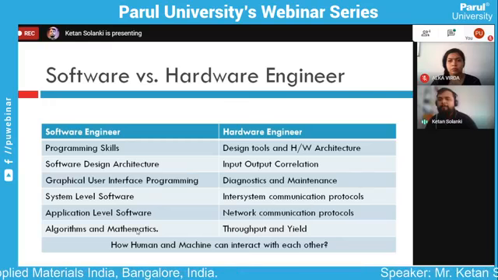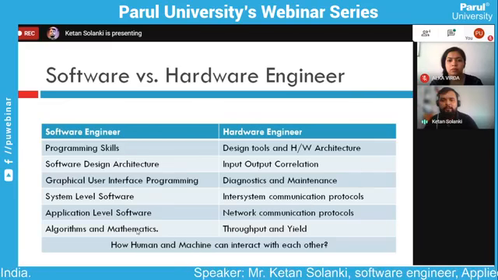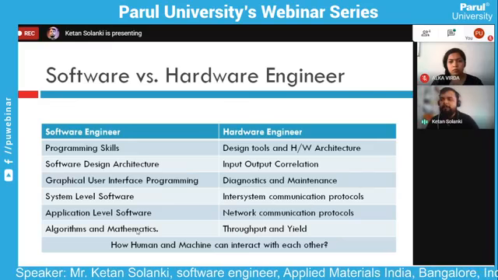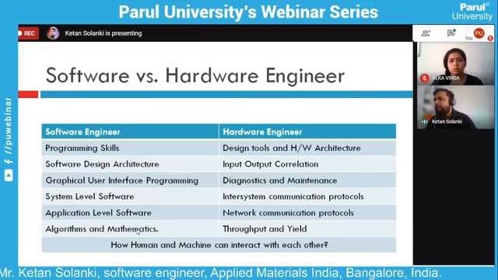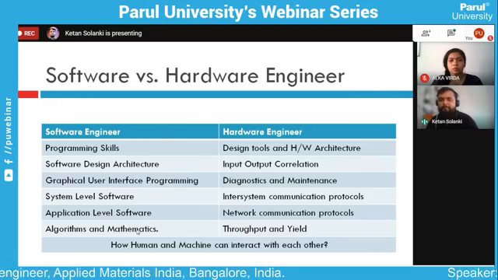For example, if the engineer is working on the computer hardware side, then they should know how the peripherals interact with the processor of the computer, and how the communications are going on. They also need to diagnose and maintain the hardware system, and know inter-system communication protocols as well as network communication protocols. Both are most important for a hardware engineer.